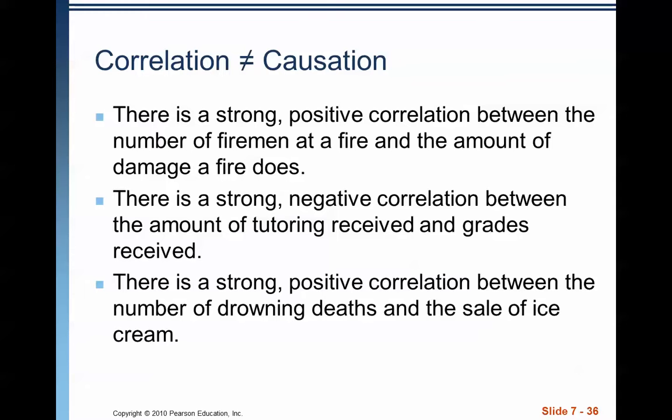And people don't drown in the winter as much because people aren't swimming in the winter. But in the summertime, both people swim more and they eat ice cream more, and therefore there's increases to both of them. But obviously, eating ice cream is not causing drowning deaths, even though there's a strong positive correlation between them. Correlation does not equal causation.